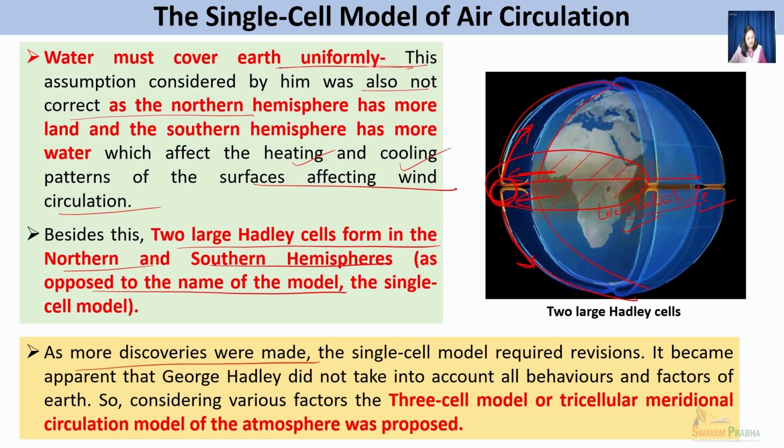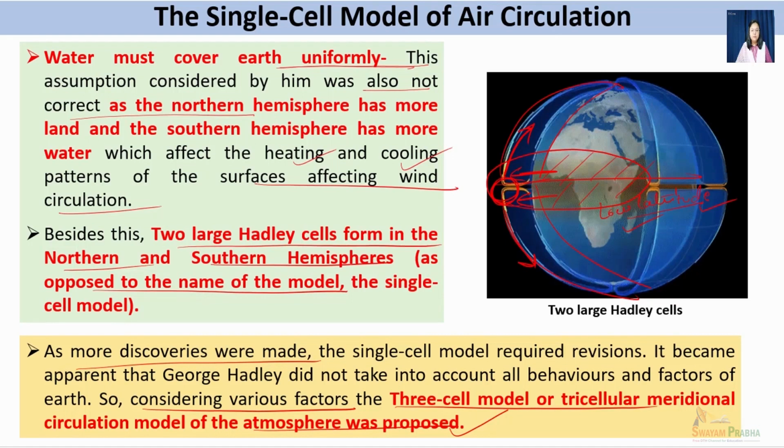So considering various factors and also with the added information regarding the Earth and its atmospheric systems, the three-cell model or tricellular meridional circulation model of the atmosphere was proposed later on. And we will be discussing the tricellular meridional circulation model in part 2 of this particular video lecture in the next video.